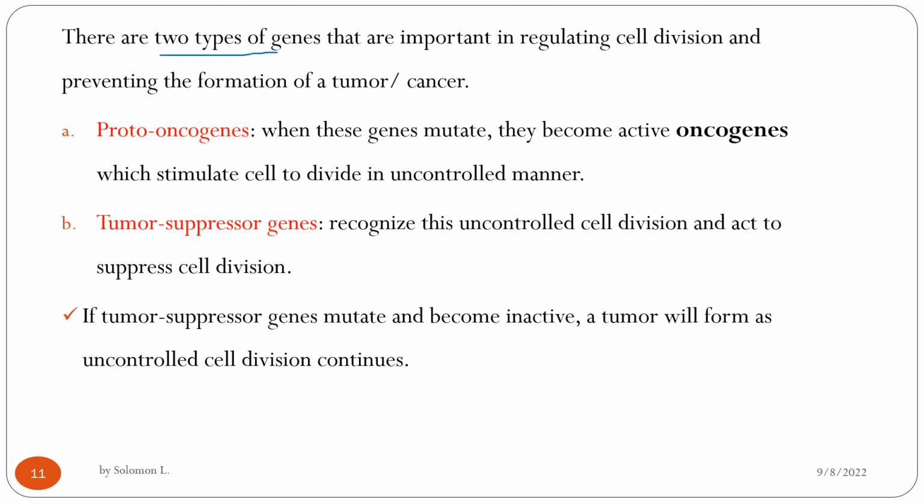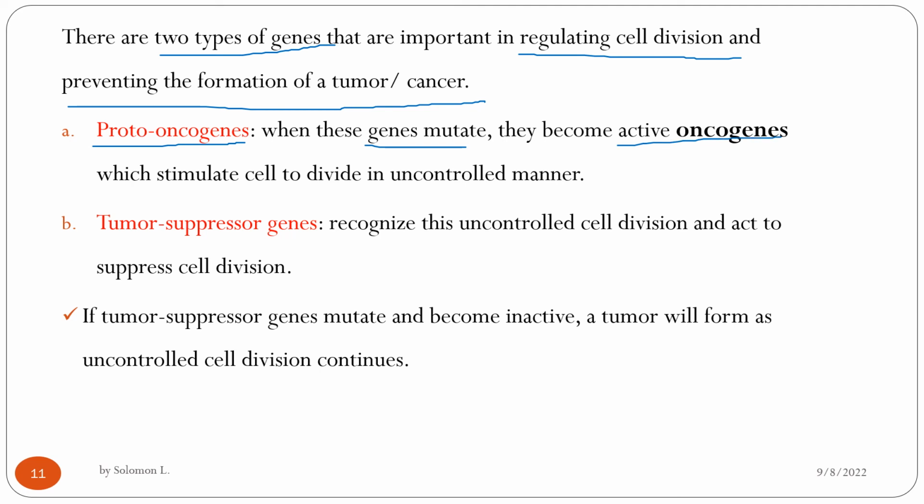There are two types of genes that are important in regulating cell division and preventing formation of a tumor or cancer. The first gene is the proto-oncogene. When these genes mutate, they become active oncogenes. So this active oncogene stimulates cell division in an uncontrolled manner.